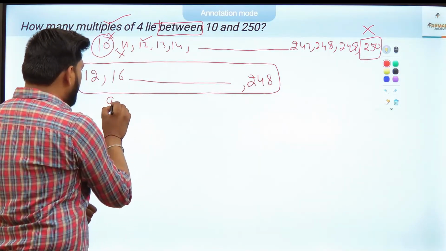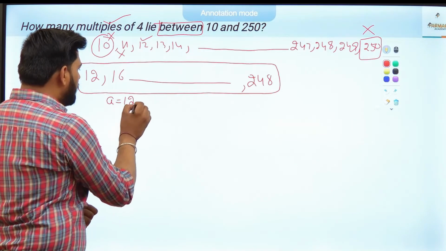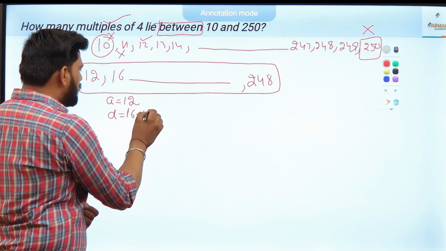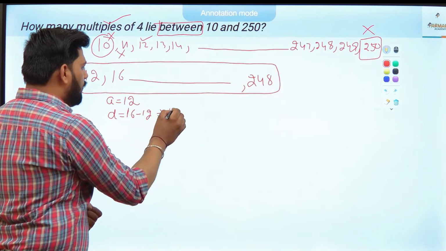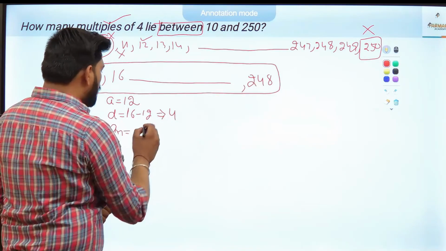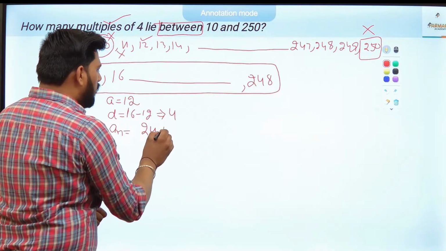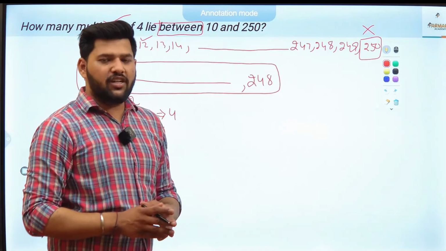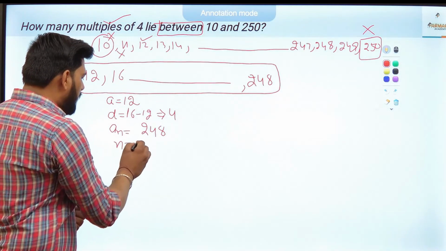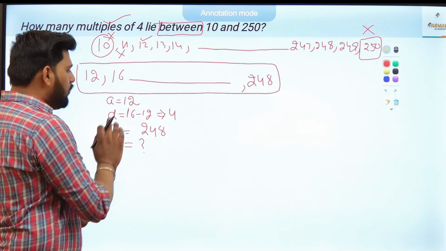So what is A, that is 12, D that is 16 minus 12, that is 4, and that is 248 because it is the value, not the position. हमें position find करना है इसका. We have to find the value of n corresponding to 248.